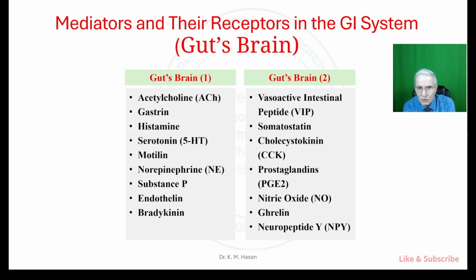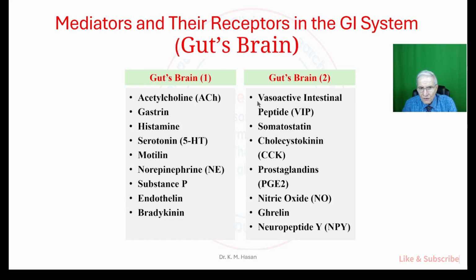For this reason, we call all these mediators in the gut the gut brain. As you can see here, we have mediators and receptors in the GI system, gastrointestinal system. We have acetylcholine, gastrin, histamine, serotonin (5-HT), motilin, norepinephrine, substance P, endothelin, bradykinin.